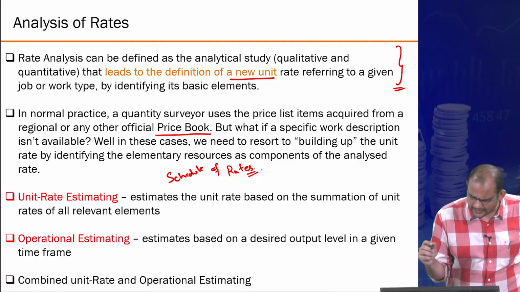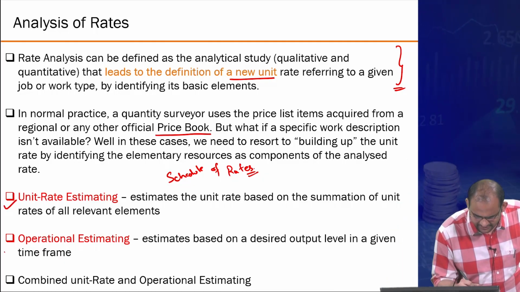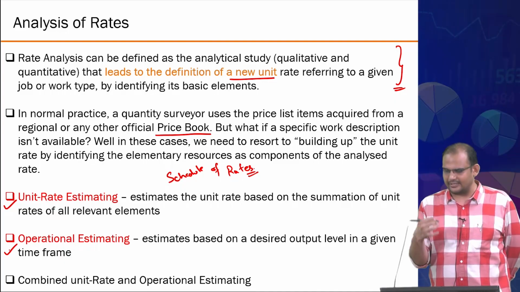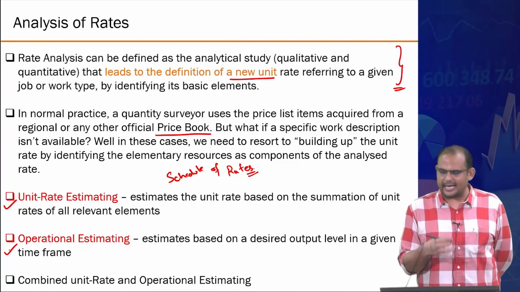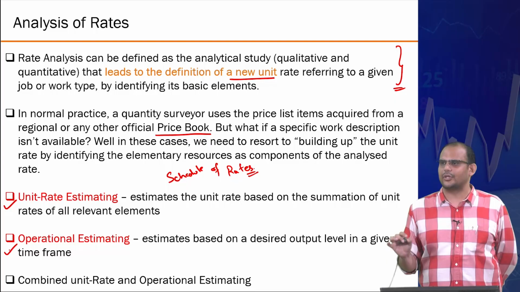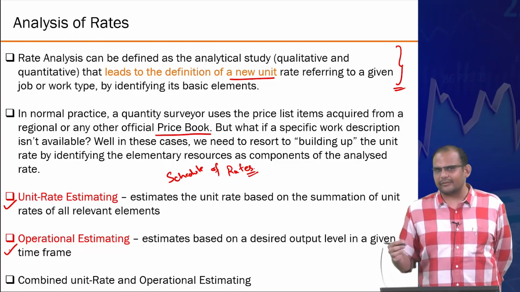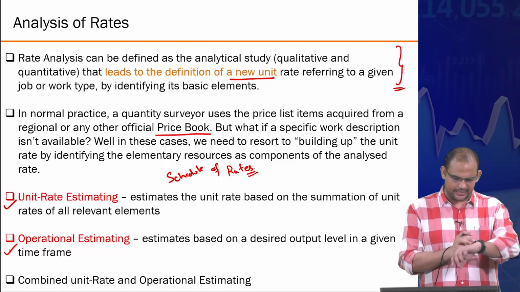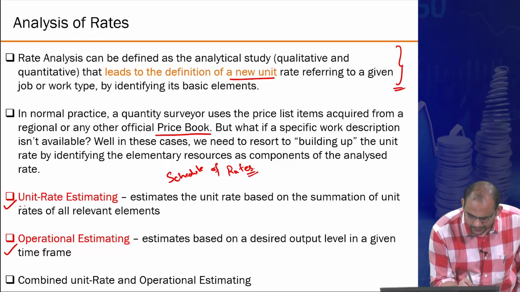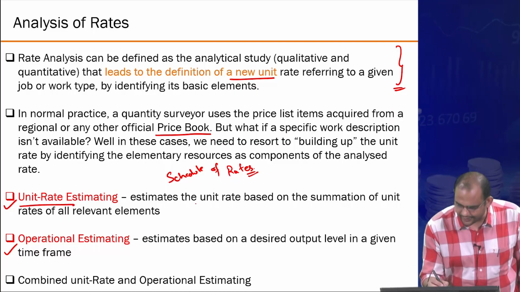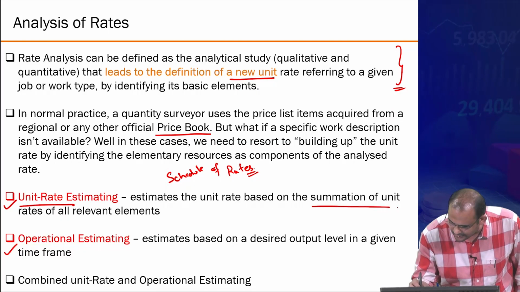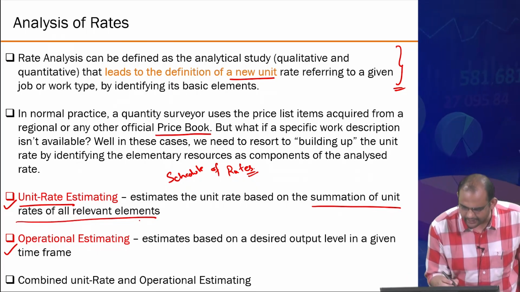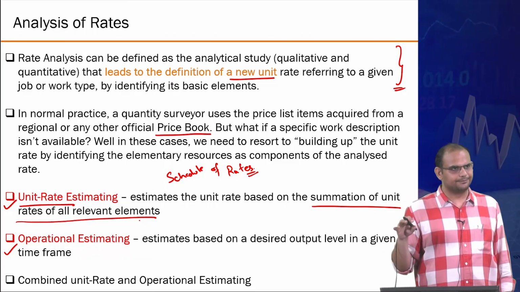Okay. Now there are two major ways, again just for the definition of it. In reality, you end up using both of them together. There is no clear way to distinguish them in a real project, but the idea is, one is called unit rate estimating, where you estimate the unit rate based on the summation of unit rates of all relevant elements, right?